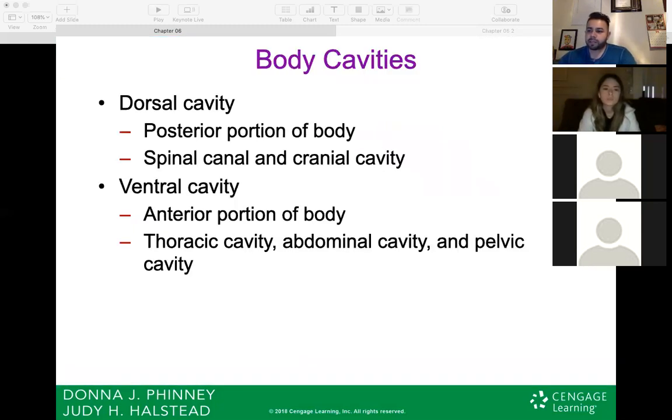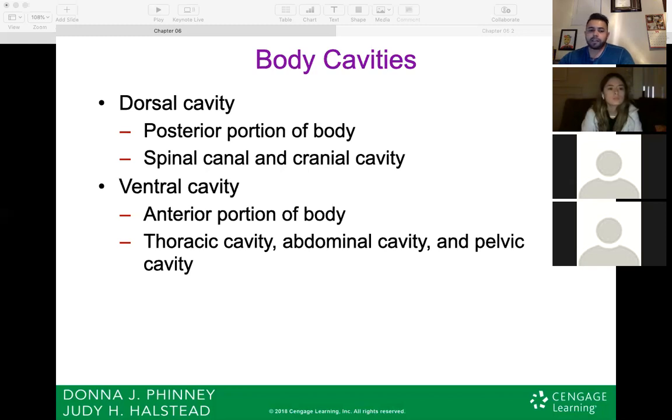Body cavities are spaces or areas where various structures and organs are found, and they are divided into two sections: the dorsal cavity and the ventral cavity. The dorsal cavity contains the spinal cord and the cranial cavity, which contains the brain. The anterior portion of the body is called the ventral cavity and contains three main parts: the thoracic cavity, the abdominal cavity, and the pelvic cavity.